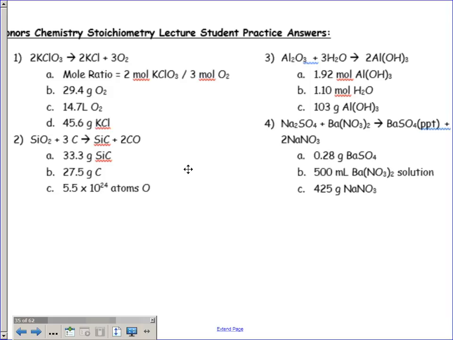So go ahead and check your work now in terms of the balanced chemical equation and everything. You can see that I have precipitate up there for the barium sulfate, and my coefficients for your mole ratios. Take a minute there.